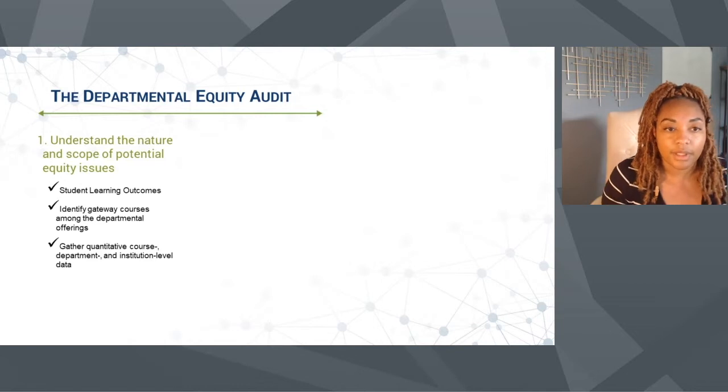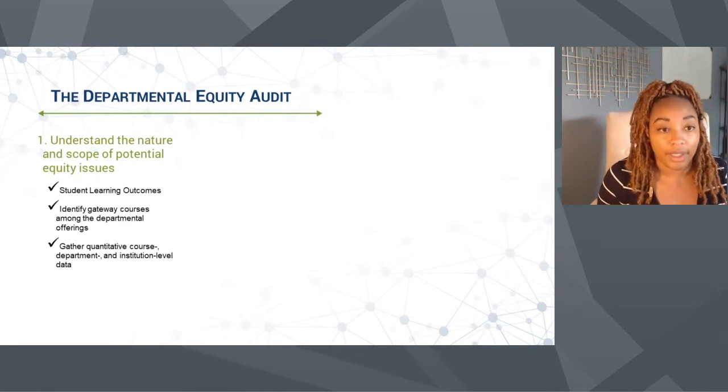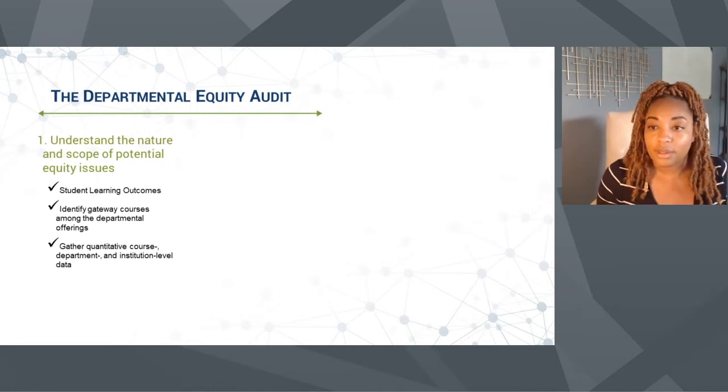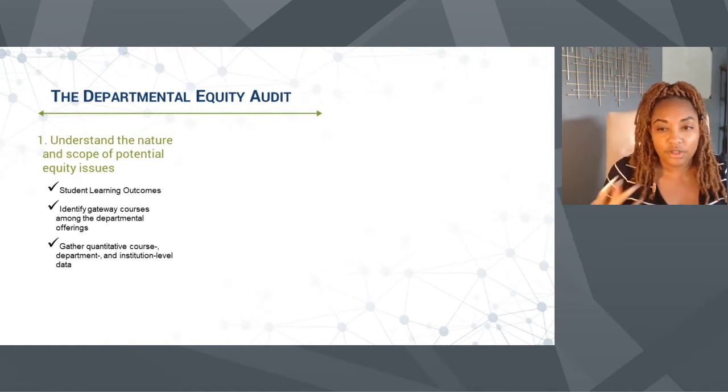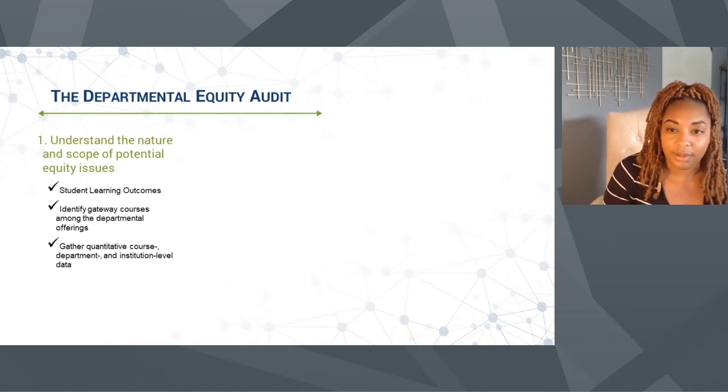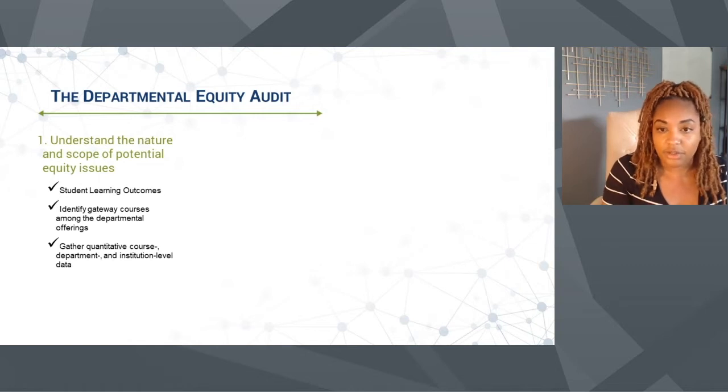The second step, of course, in understanding the scope of the potential equity issues is identifying which courses in your department are gateway courses. The reason this is important is because we know that gateway courses, which are those introductory courses to a particular discipline that provide students with foundational skills and knowledge that they're going to need to continue in that particular major.